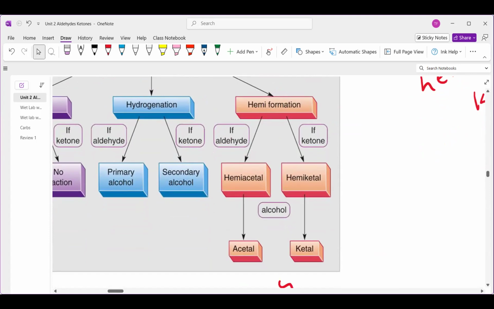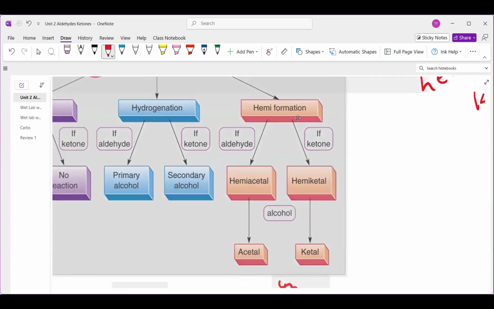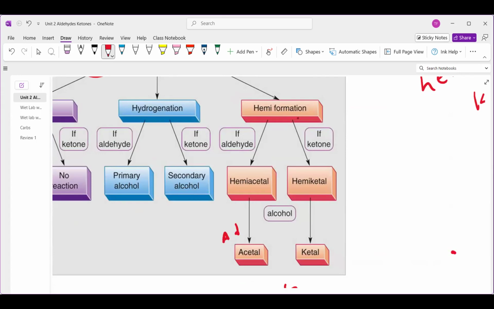And if there's still alcohol around, then it'll continue to go all the way to the acetal. Okay, and this is if aldehyde. If it's a ketone, you end up with a ketal. Now these require lots of practice, these reactions. I have worksheets to help you out with these.